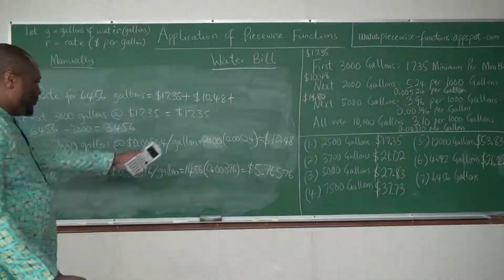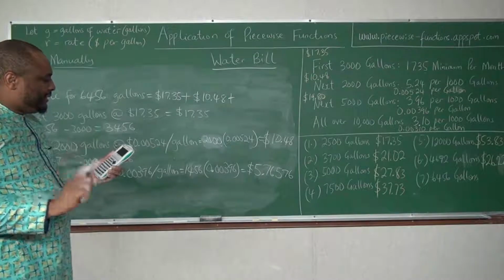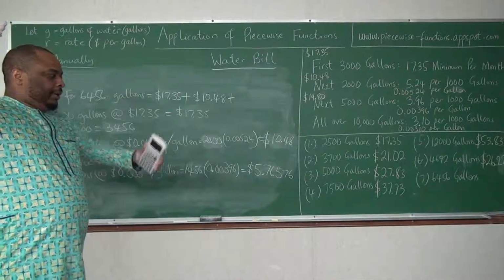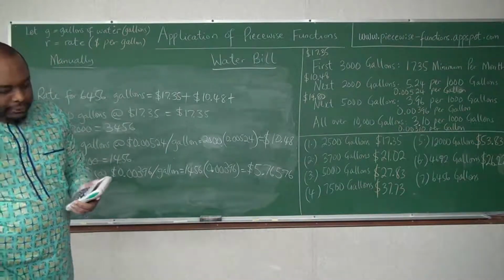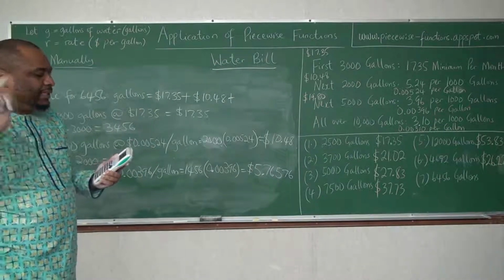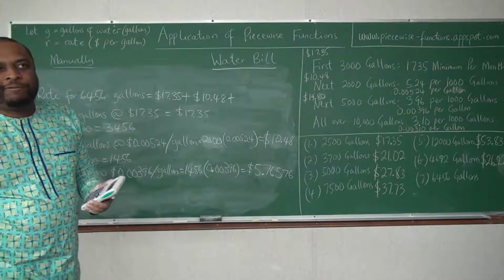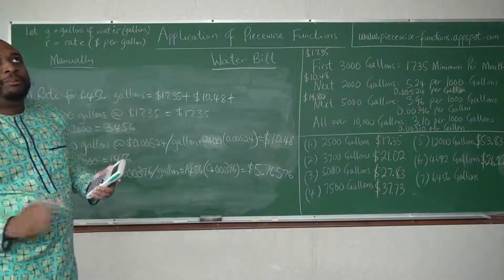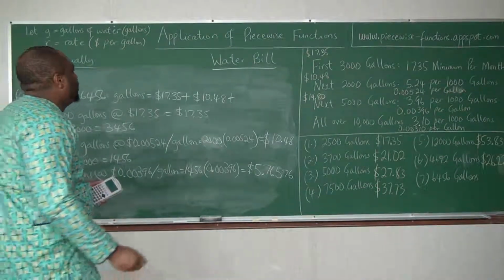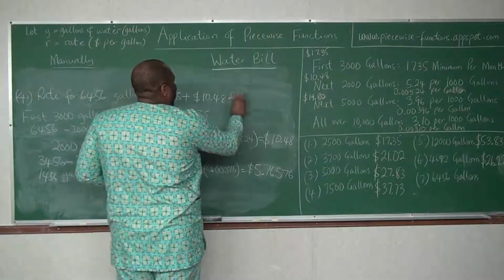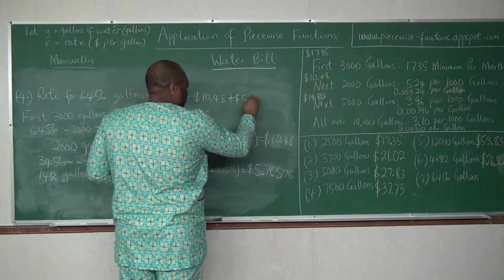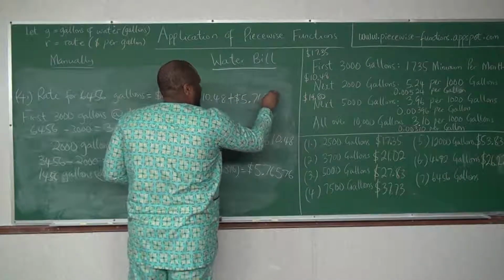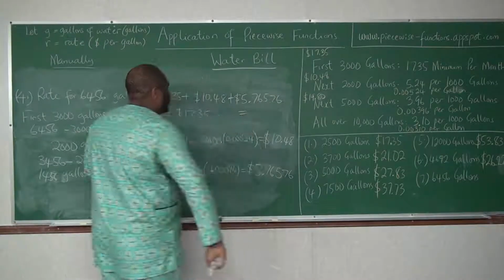Okay, so this is what it gives us, $5.76576. Please do not round, please. So this is 5.76576. Do not round.